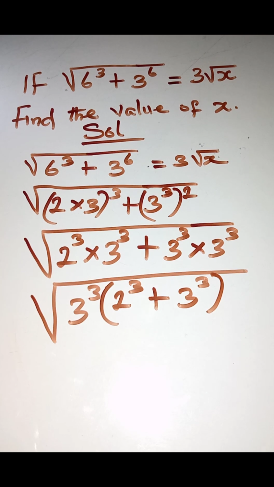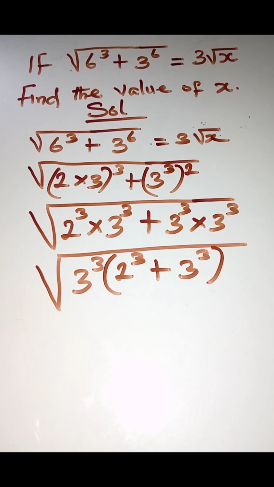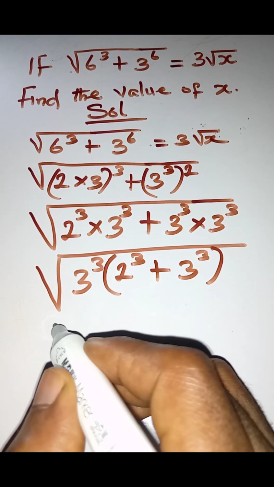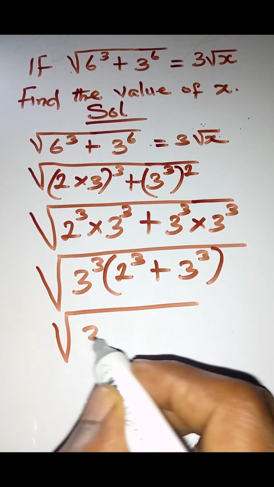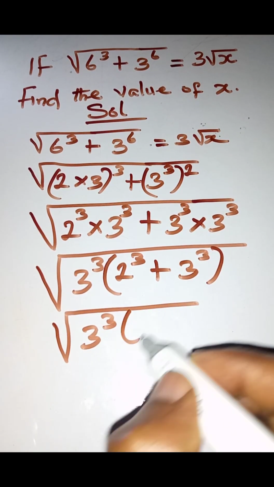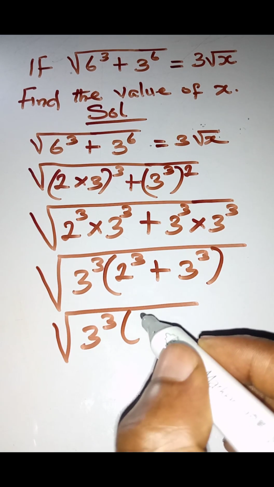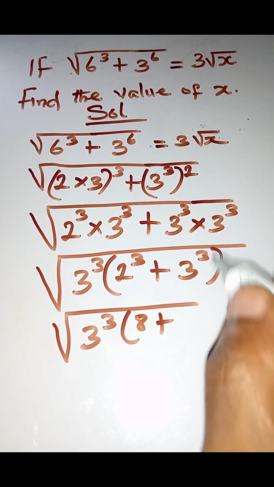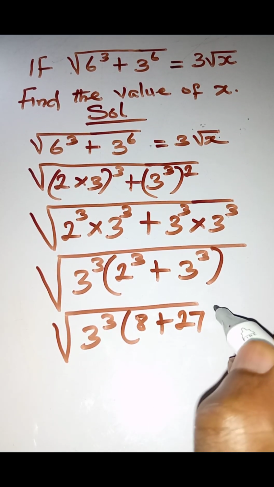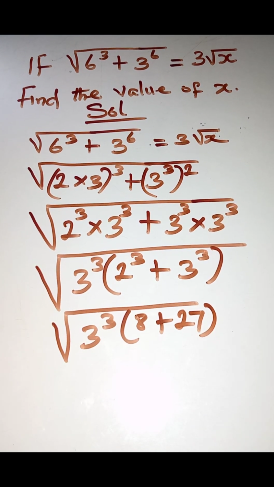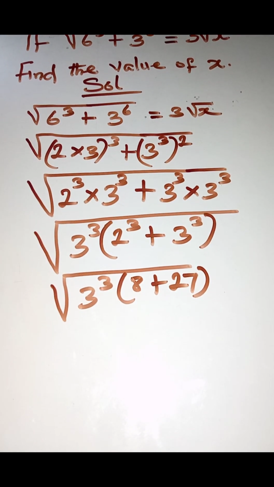Then close the brackets, right? And then from here I will have 3 to the power of 3 into brackets 2 to the power of 3 is 8 plus 3 to the power of 3 is 27. Then close this bracket.